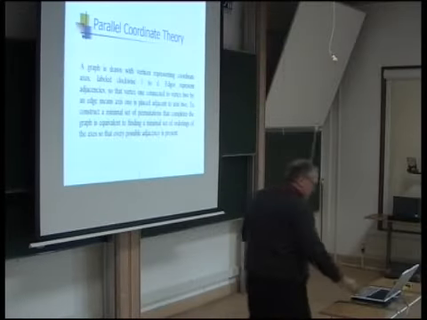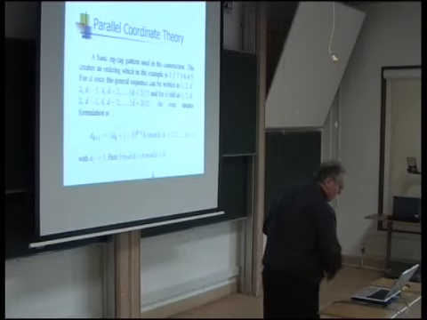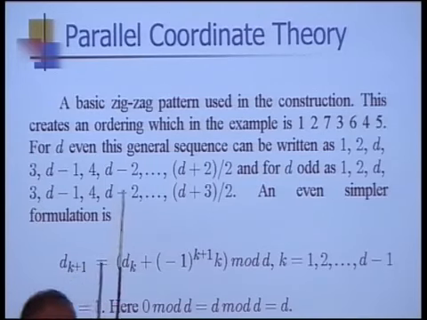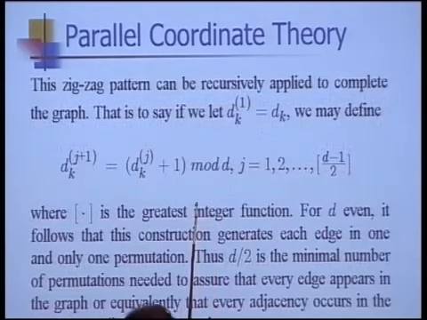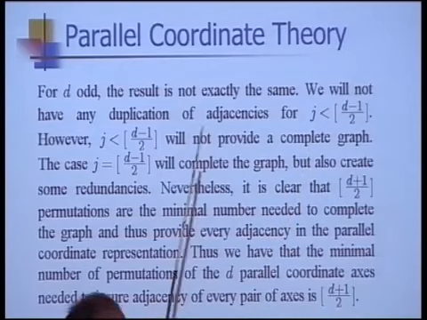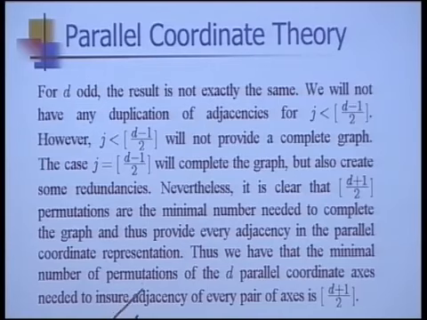That's how it works graphically. If you write down the algorithm for doing this, this is the formulation for getting the sequence of numbers, and if you combine that with the greatest integer function, this is the sequence that gives us a zigzag pattern. I can do that until I get a complete graph.